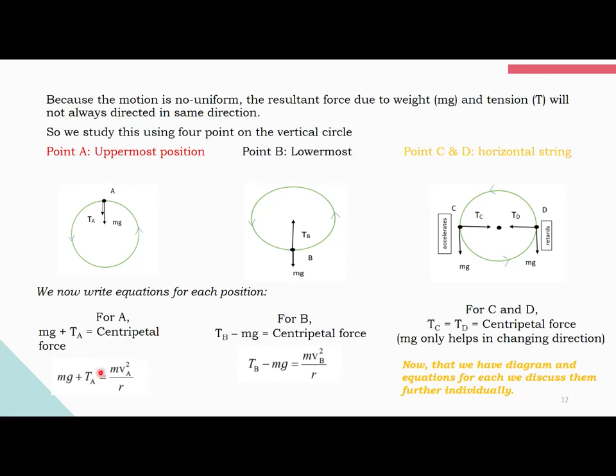Here we can see that here we add weight and tension, and here we subtract weight from tension, because at the point A, the direction of tension and direction of weight is the same. Therefore, by vector rule, we add these two entities.